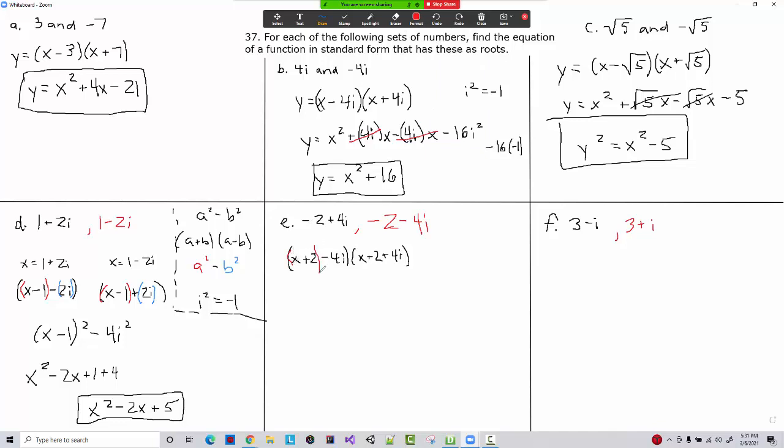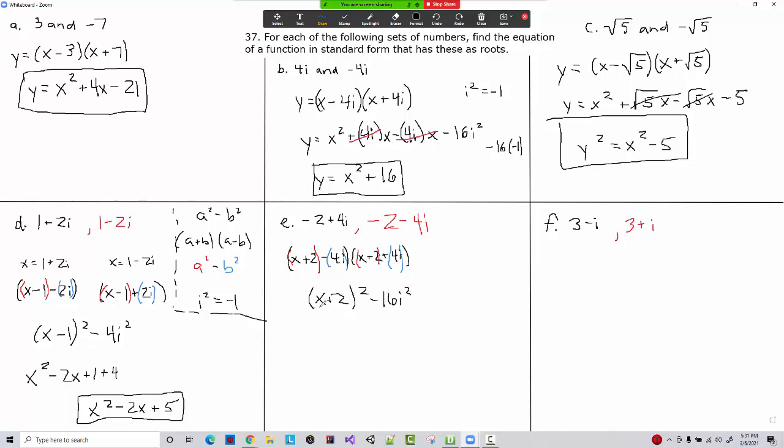So again, we're going to see a difference of squares here. We're going to see this x plus 2 out front. And then we're going to see this minus 4i plus 4i. So we're going to use our shortcut here. This is a squared minus b squared. So this is x plus 2 squared minus 4 times 4 is 16 i squared.